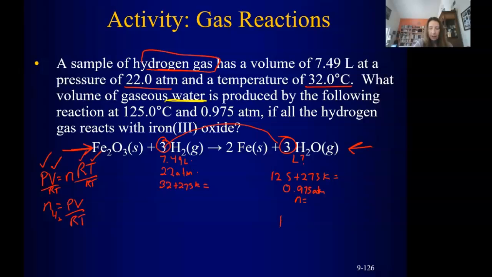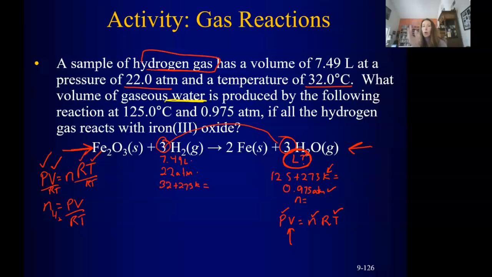Then I can look here. If I have my moles of water, I've got a temperature right there. They gave me a pressure right there, and they're asking for a volume. All I have to do is solve for my volume. So now the next part is not so bad. It's this right here, this plan that we just formulated, and the thinking of what do we have?